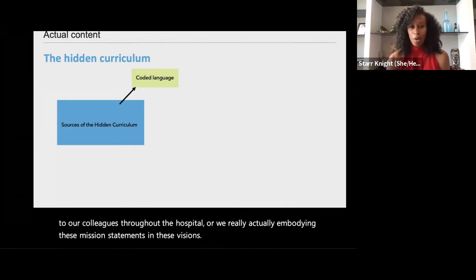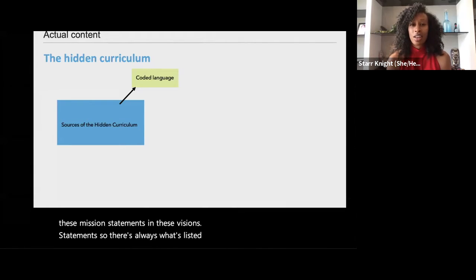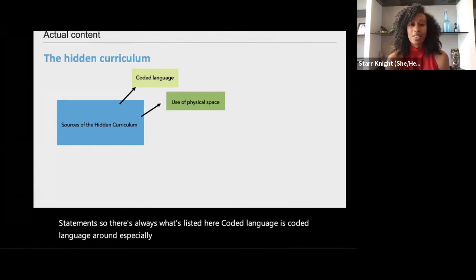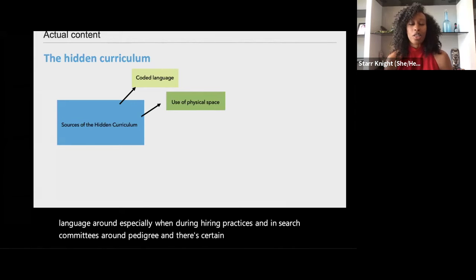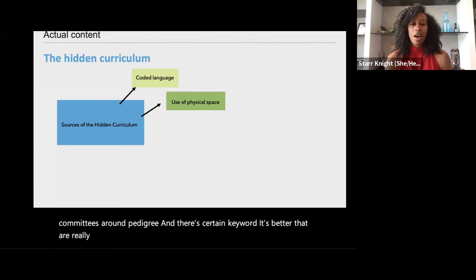So there's always what's listed here, coded language. There's coded language, especially during hiring practices and in search committees, around pedigree, and there are certain keywords that really imply other things.